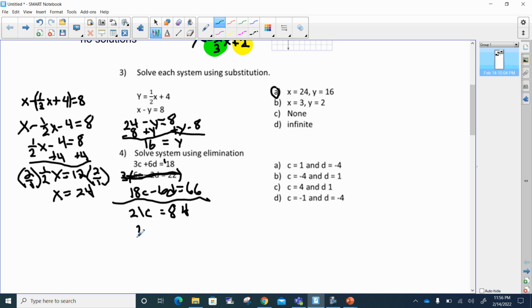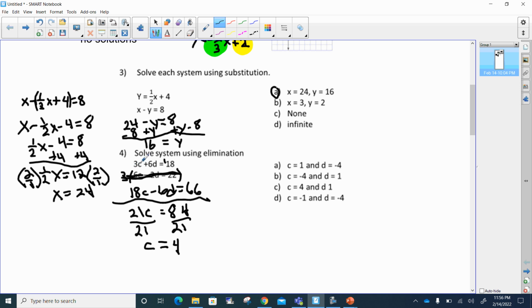Now I've got to divide 21c by 21 to get c by itself, which means I'll divide 84 by 21. And this is going to give me 4. So c is 4. Now I got to plug this in to one of the problems. I'm going to use the top one up here so I can find out what d is.